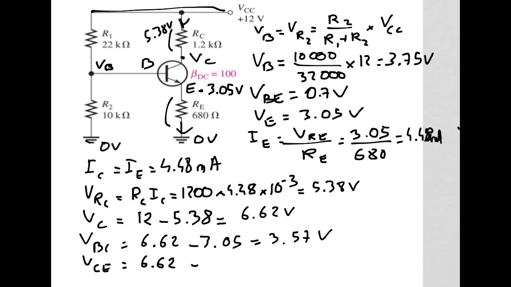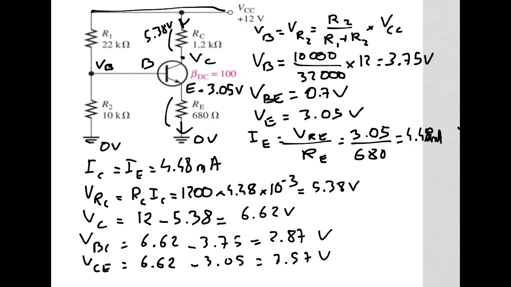That's actually VCE, 3.05 with 3.57. Here BC is at 7.5. My mistake. So this one is 3.57, and this one would be 6.62 minus 3.75, 2.87, excuse me. So 3.57, 2.87.